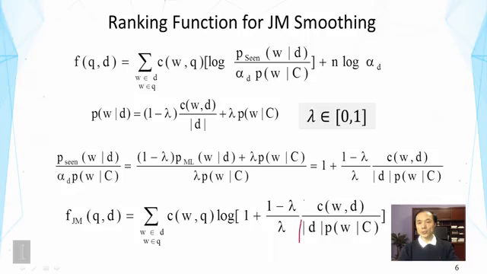So this ratio basically is comparing the actual count of the word in the document with the expected count given by this product, if the word is in fact following the distribution in the collection. And if this count is larger than the expected count, this ratio would be larger than 1.